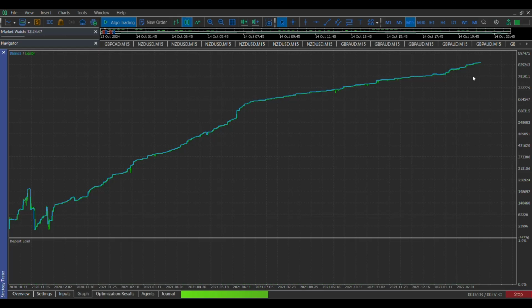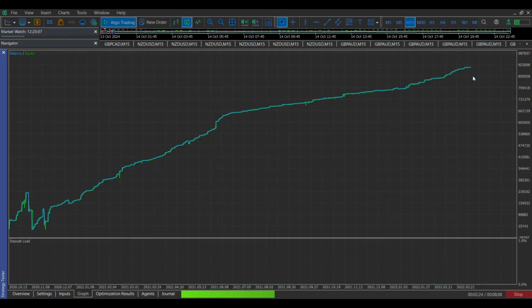It is still going in profit. Let's wait for completion of the 5 years of backtest, so you will get the overall result. As you can see, at the start it may give a loss, but over a long duration it recovers everything it lost and makes a good profit.